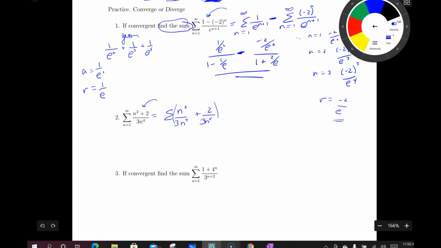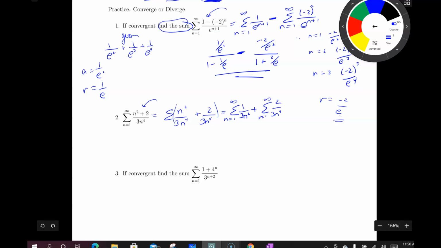Even if I keep them together at first, then I'll have 1 over 3n squared for the first one, and then plus 2 over 3n to the 4th for the second one.